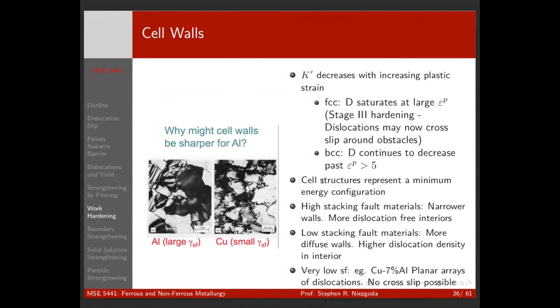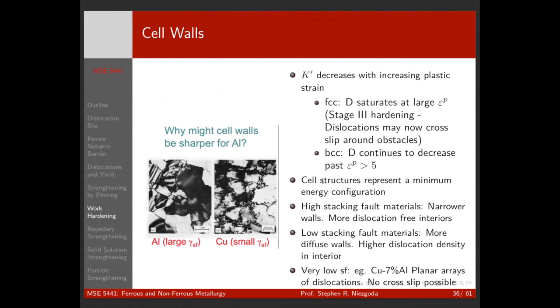We understand how individual dislocations move and interact. Give me 2 dislocations, I can tell you what their reaction is going to be and what the dislocation product is going to be and what kind of tangled mesh you're going to get. I can do X-ray diffraction experiments and tell you under this amount of strain how my dislocation density is going to evolve.